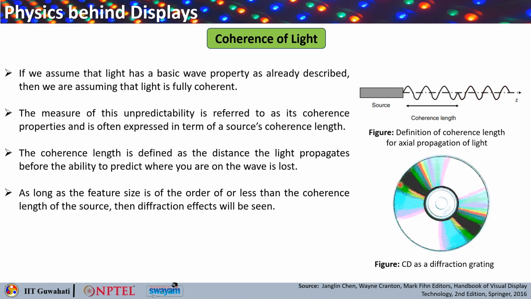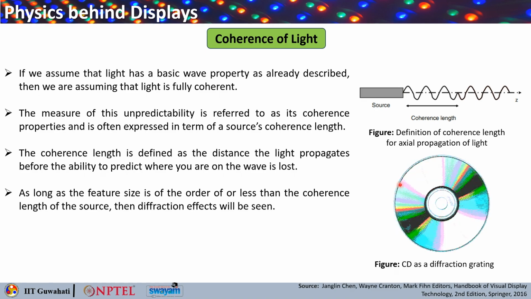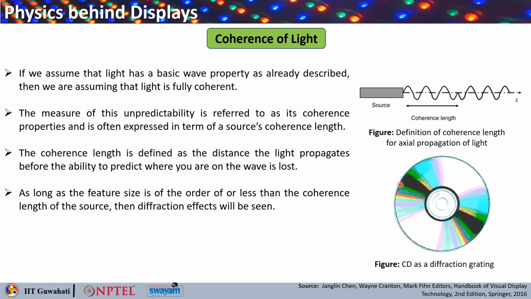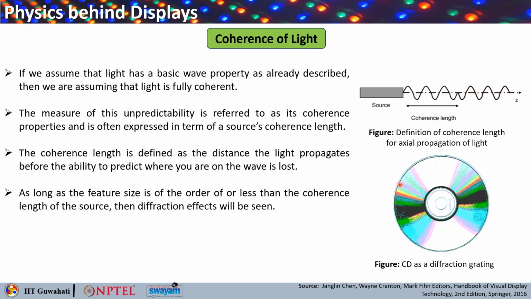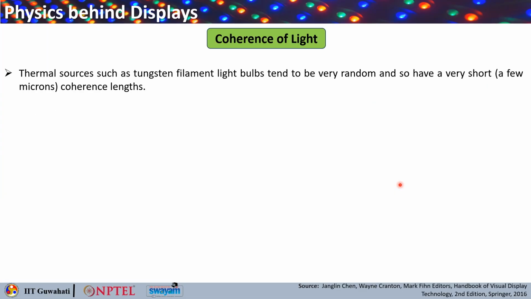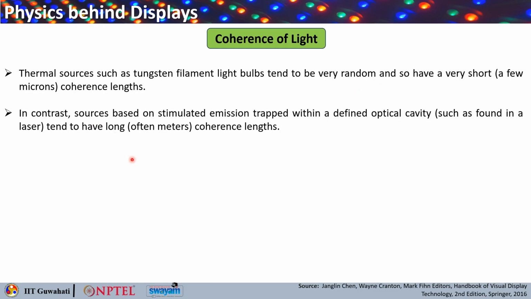As long as the feature size is of the order of or less than the coherence length, the diffraction effects will be seen. So, we understood that thermal sources such as tungsten filament light bulbs tend to be very random, so they have a coherence length of only a few microns.